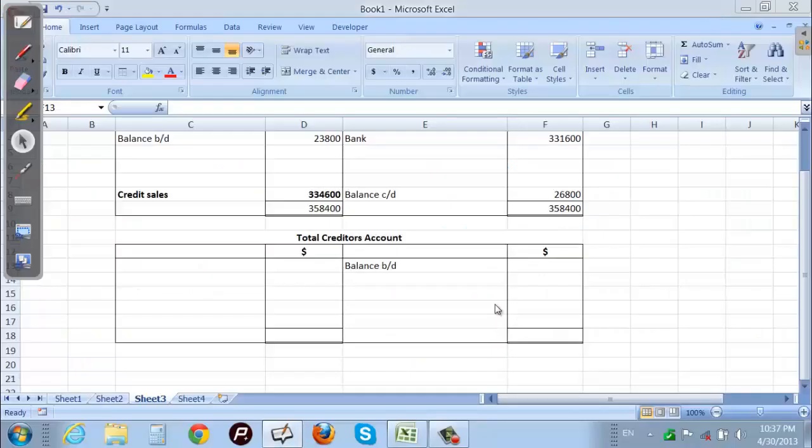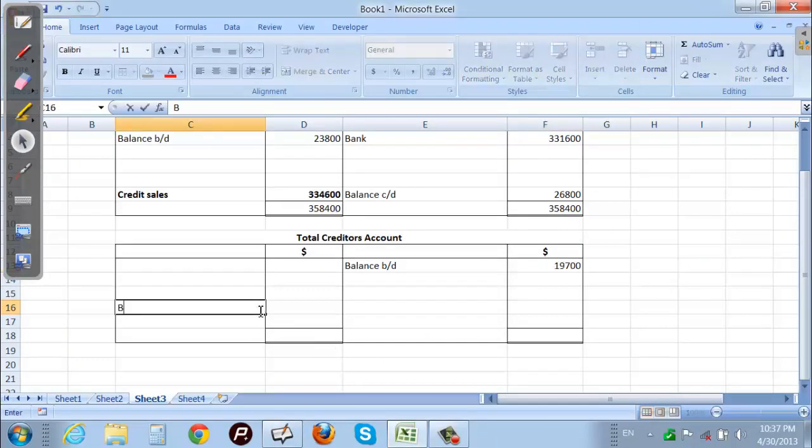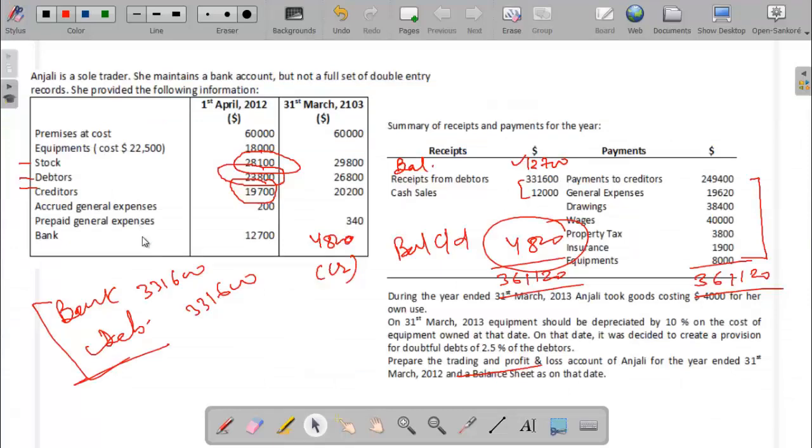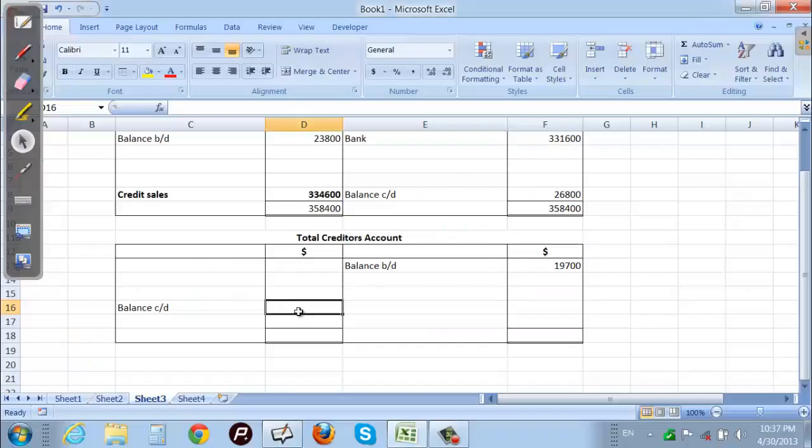And closing balance will come on the debit side. Balance carried down, and the amount of closing creditors is $20,200.